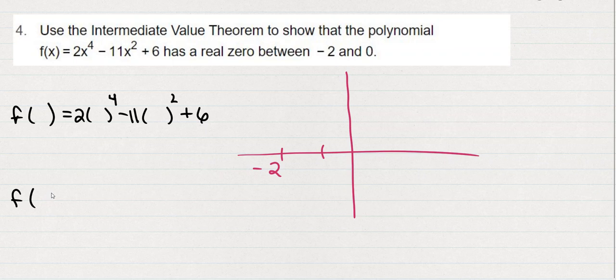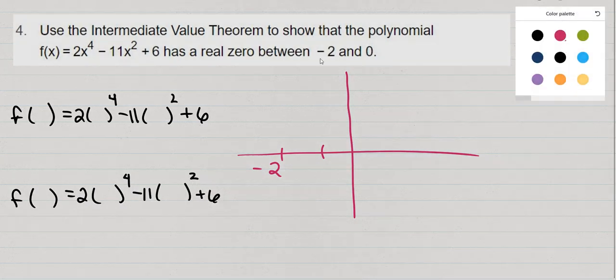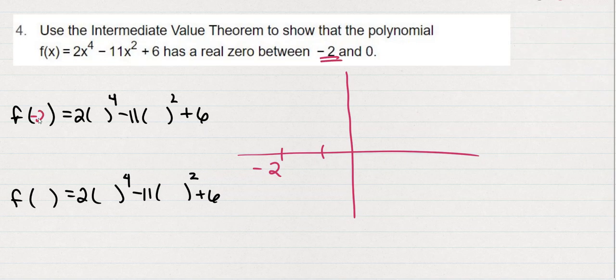And f of 0 equals 2 times 0 to the 4th minus 11 times 0 squared plus 6. If I plug in those values, so if I plug in the -2, -2 to the 4th, well, -2 times -2 is positive 4. 4 times 4 is 16, and then 16 times 2 is 32.